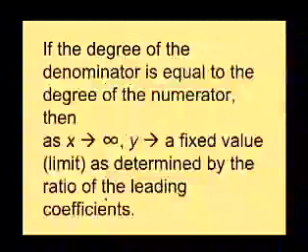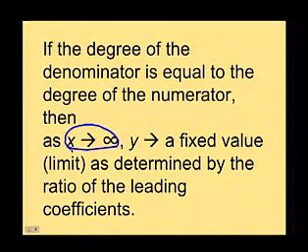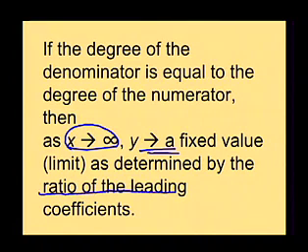Well, what about when the degrees are equal? So the degree of the denominator is equal to the degree of the numerator. In that case, as x goes to infinity, what's going to happen is y will approach some value a, which is a fixed value. In other words, it's a limit. And that's going to be determined by the ratio of the leading coefficients.